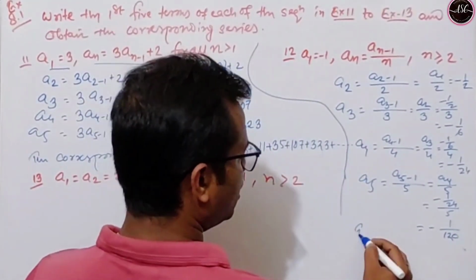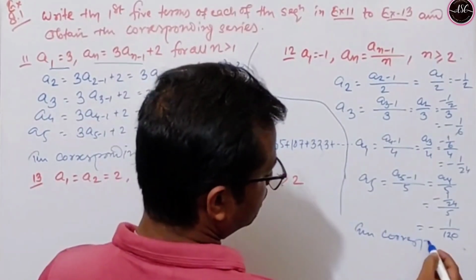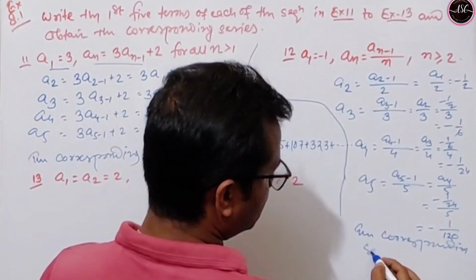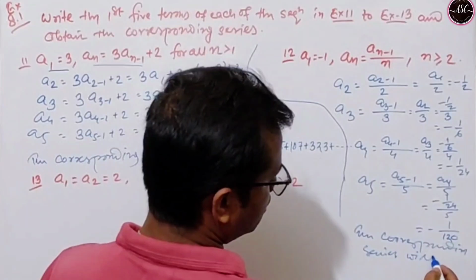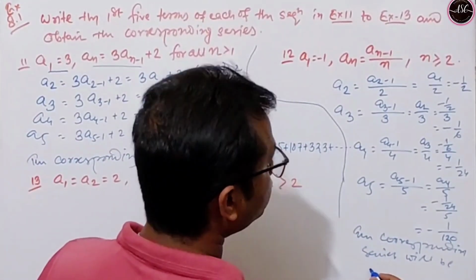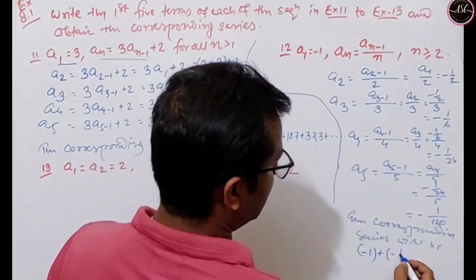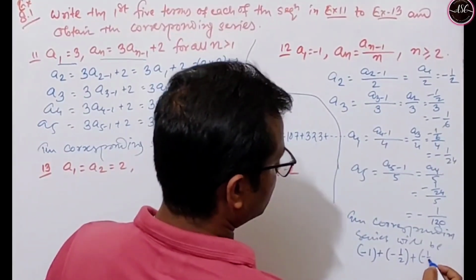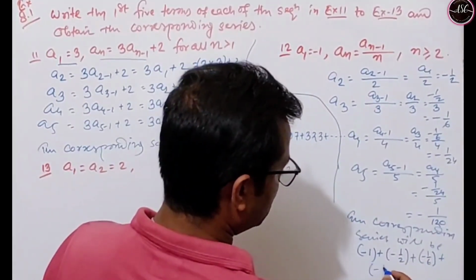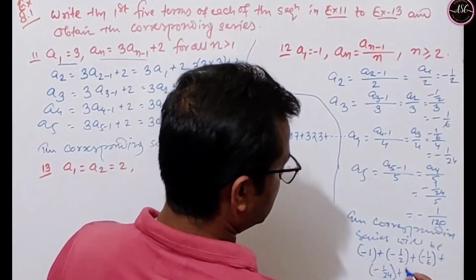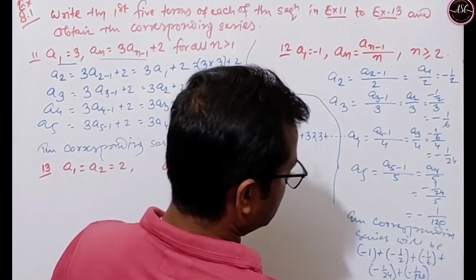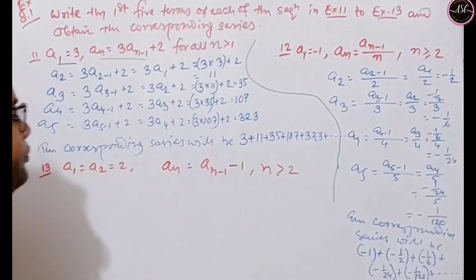So the corresponding series will be minus 1 plus minus half plus minus 1 by 6 plus minus 1 by 24 plus minus 1 by 120 plus up to infinity. Okay.